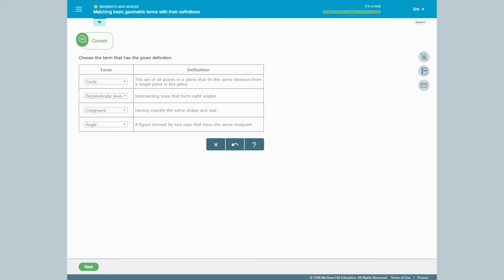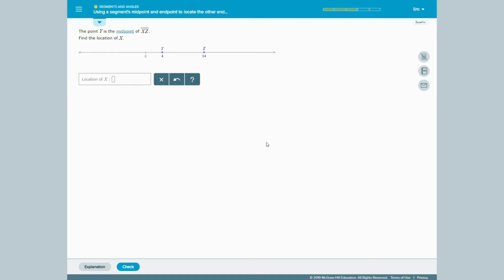Because in geometry, you have to use these definitions to back up your argument. If I wanted to say, oh, hey, that's a circle, I'd have to prove that from a central point, if I measure the distance anywhere on this circle, it's the same distance, which it's not, so it's not a circle. So that's very important. There's no shortcut to this topic. You have to understand the terms. And that's it.